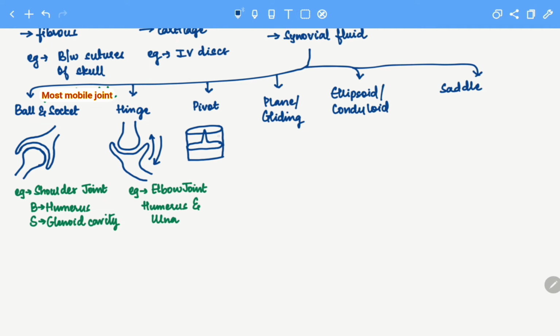If I label them, this is the atlas C1, this is the axis C2, and this is the odontoid of the axis. So the atlas will rotate around the odontoid of the axis, thereby forming a pivot joint. So the motion will be rotation.